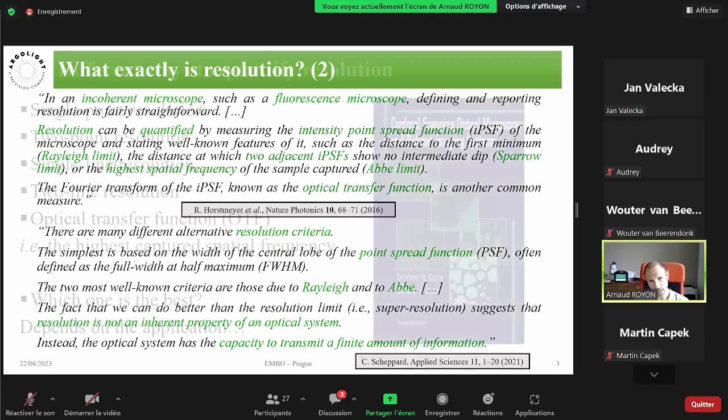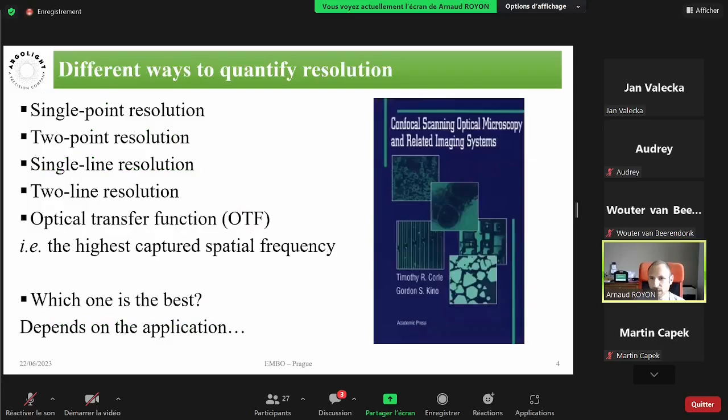You can eventually go deeper by taking a look at this book, where there are actually even more ways to define resolution. There's the single point resolution, the 2-point resolution, but also the single line resolution, the 2-line resolution, and finally the optical transfer function approach. So which one is the best? Well, it depends on the application.